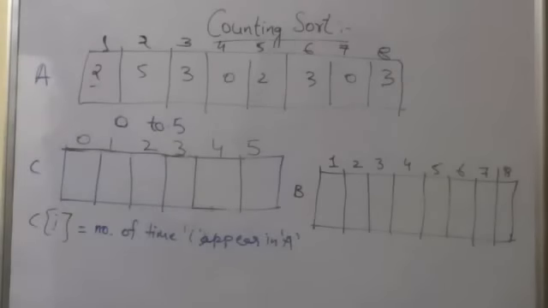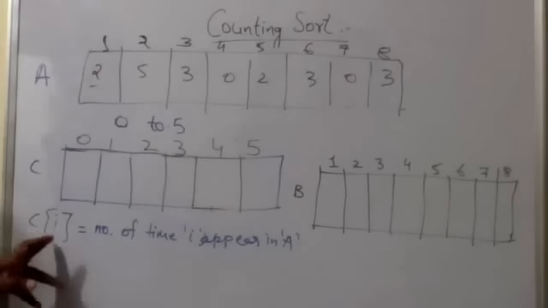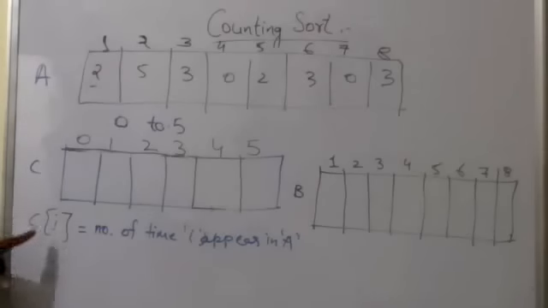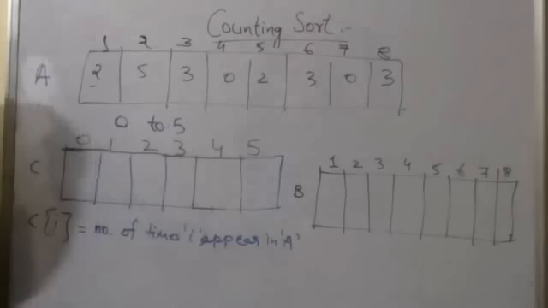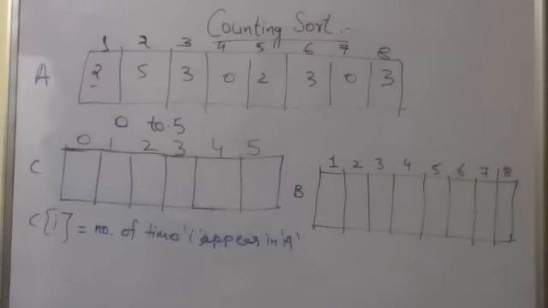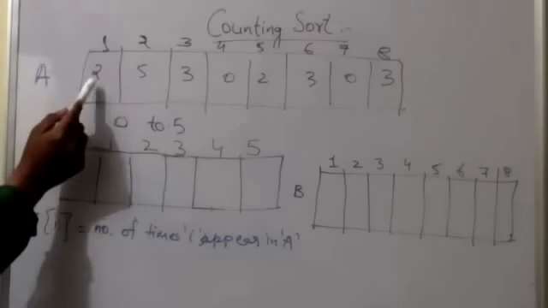What we have to do is fill this array C, and in this array C at index I, we will store the value equal to the number of times this element I appears in array A. For example, see this element 2.